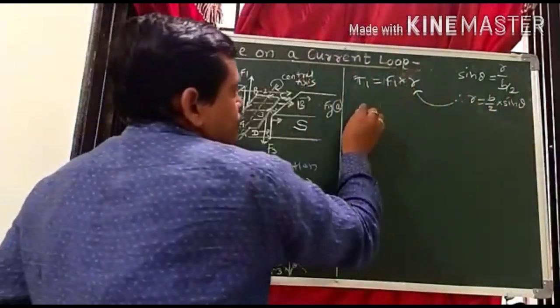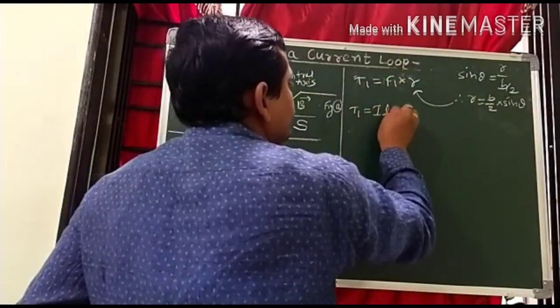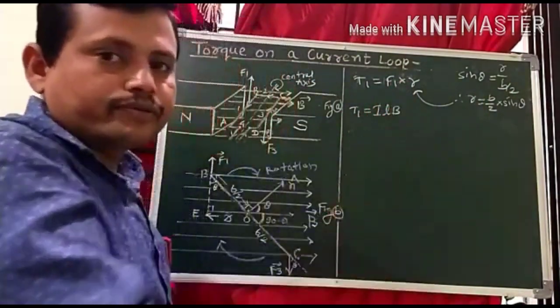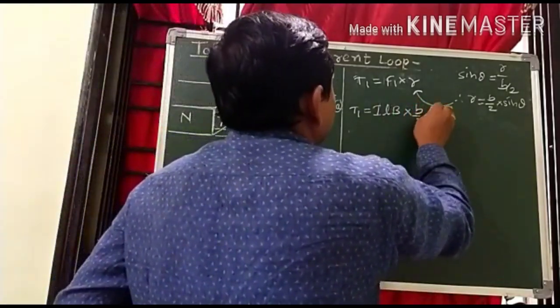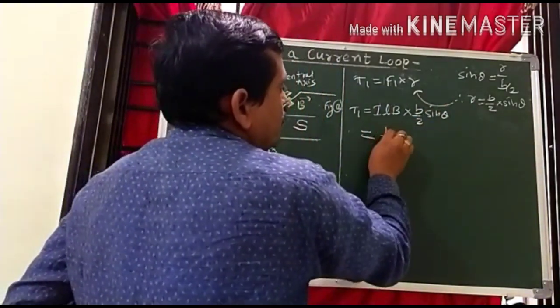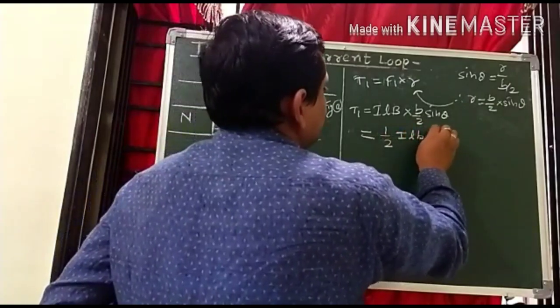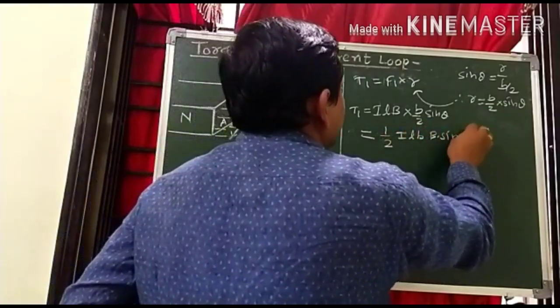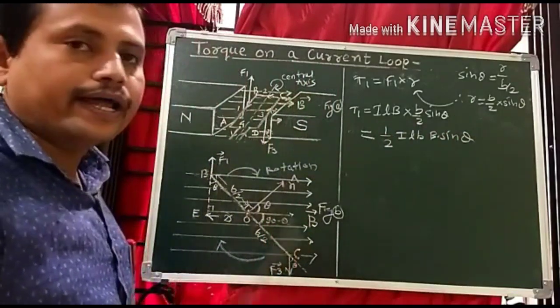Substituting the value here, torque 1 is equal to F1, which is nothing but I l into capital B from equation 2, multiplied by b by 2 into sin theta. Rearranging the equation, 1/2 I l into small b into capital B sin theta. This is nothing but the torque due to the force F1.